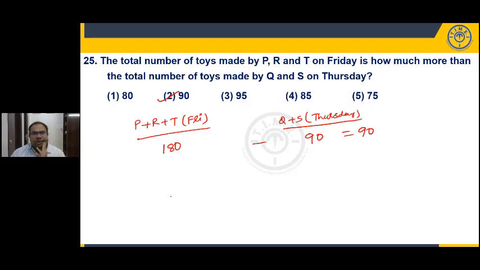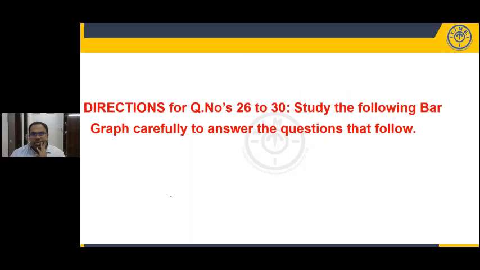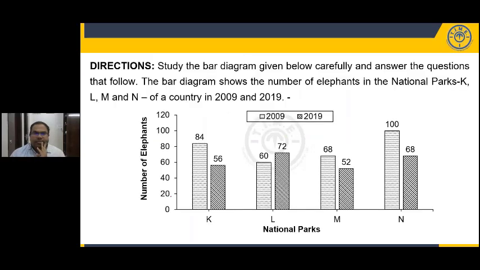Okay, let's move ahead. So this was your bar graph 2020 model, but this is clerk model, bar graph, RRB clerk 2020. Take a screenshot. I'll give you the key. Clerk will be easier than PO.